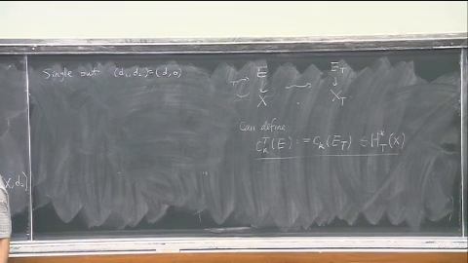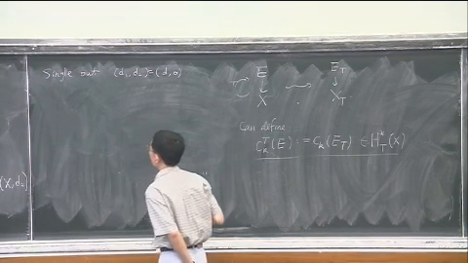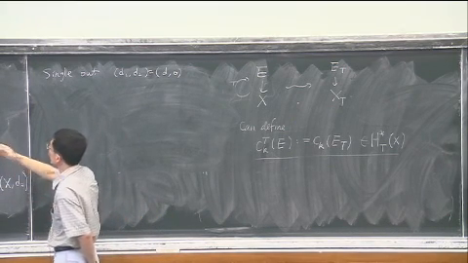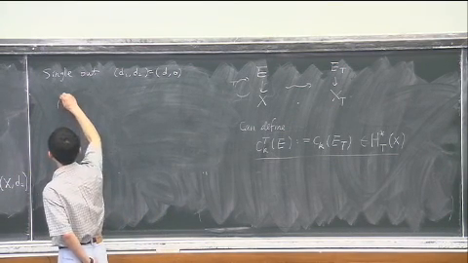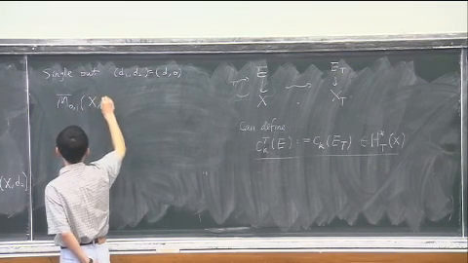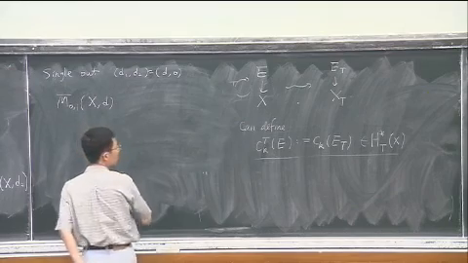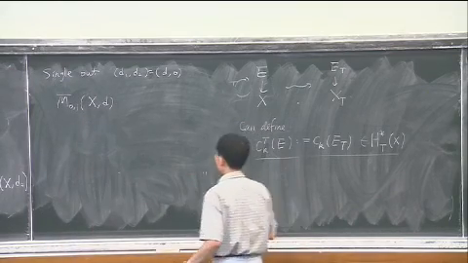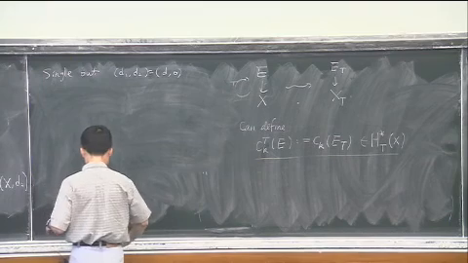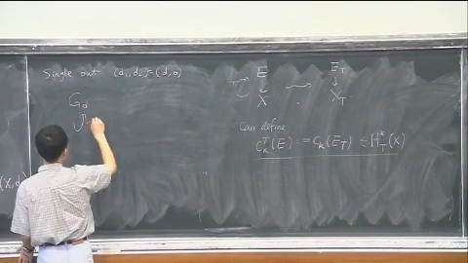It's the degenerate case. And that space is the same as this M1 X D. So this guy is a fixed locus of GD.